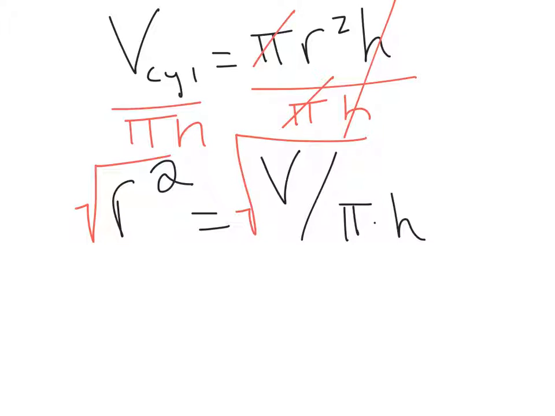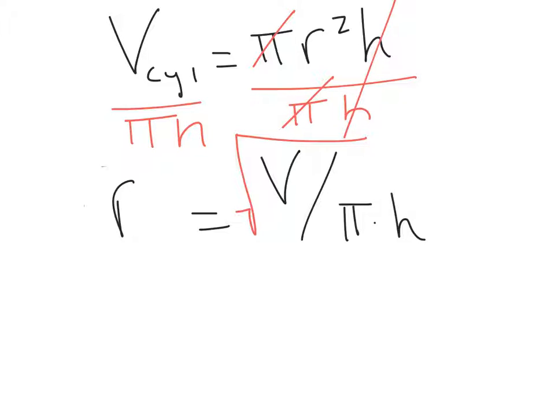The square root of r squared simplifies the left-hand side to simply r. The right-hand side will remain as the square root of volume V over pi times h. So at this point, we now have an equation for our radius r in terms of our volume, V, which we just solved for, divided by pi and our height, which we're given.